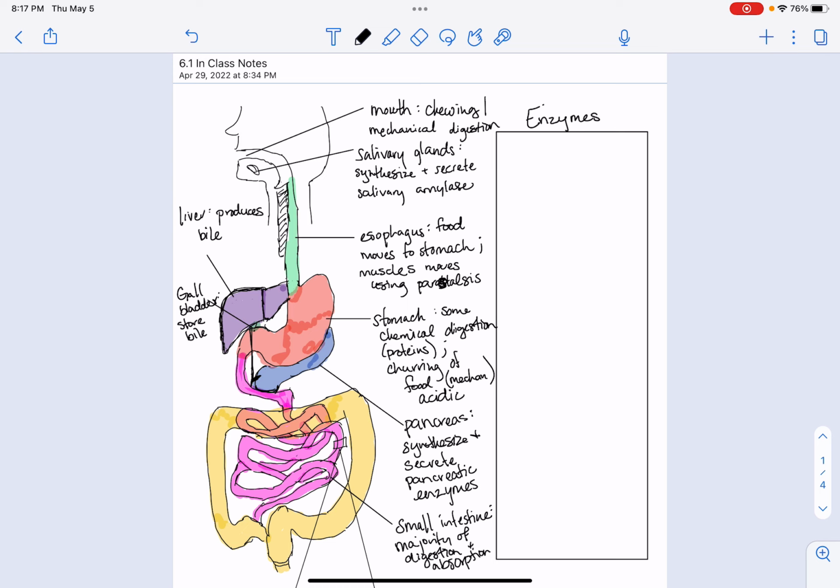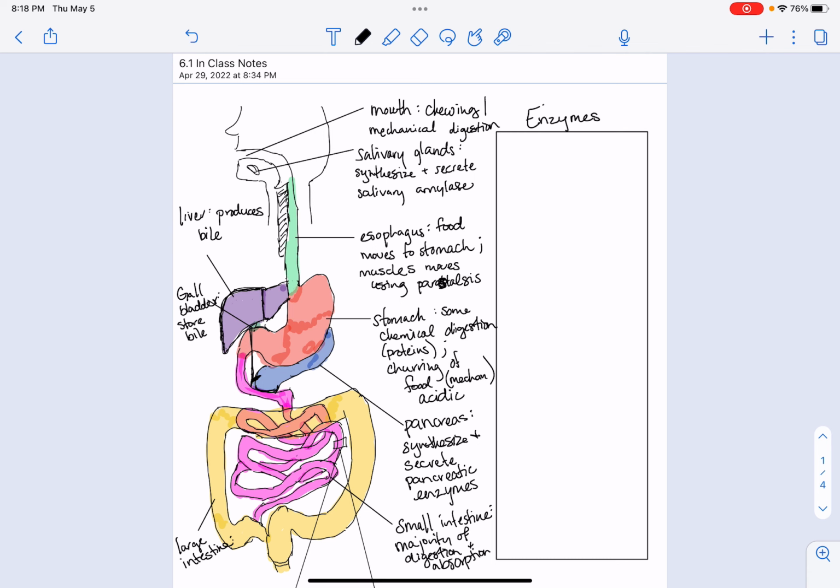And then we have this big individual, which is our large intestine. The large intestine absorbs a lot of the water. There's some more absorption, but a lot less, and it is basically producing the waste.